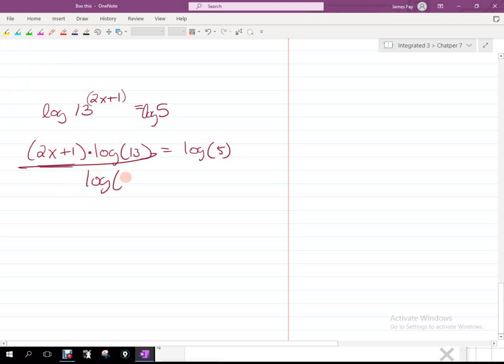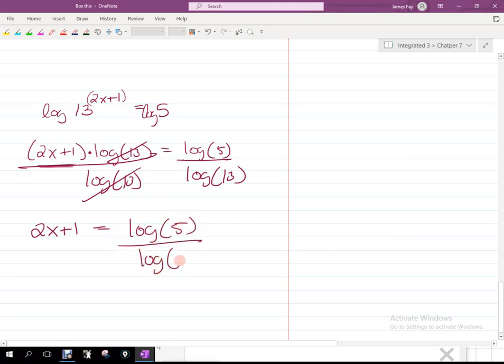I'm going to separate them this way. I'm going to get rid of this log 13. I'm going to cancel that in there. Come over here, divide by log 13. So now I get 2x plus 1 equals log of 5 over log of 13. Is that okay with everybody?